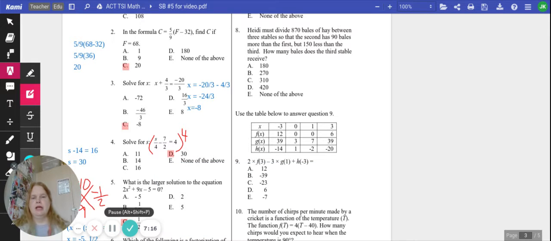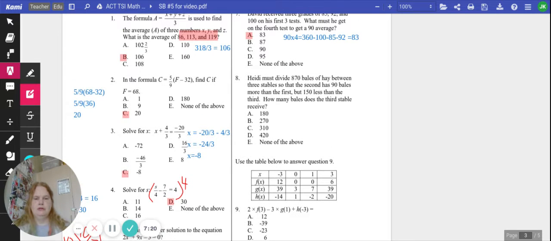All right, number 8. Heidi here. She must divide 870 bales of hay between 3 stables. So the second has 90 more than the first, 150 less than the third. Oh, dear Lord, she's got a lot to do here. So I'm just going to put my 3 stables.